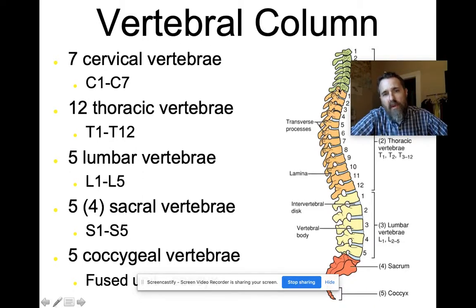And if you look at the vertebral column here, you can see that the superiormost vertebrae, the cervical vertebrae, look much more narrow, much more small. And then as you go down the vertebral column, things get bigger and chunkier.